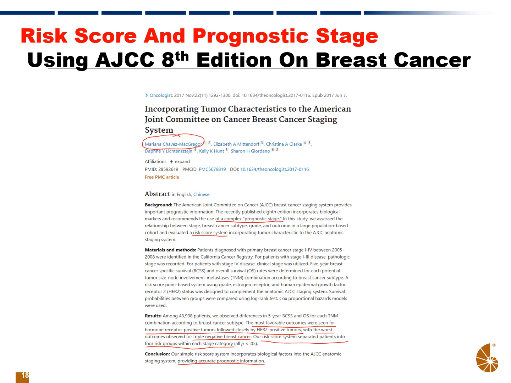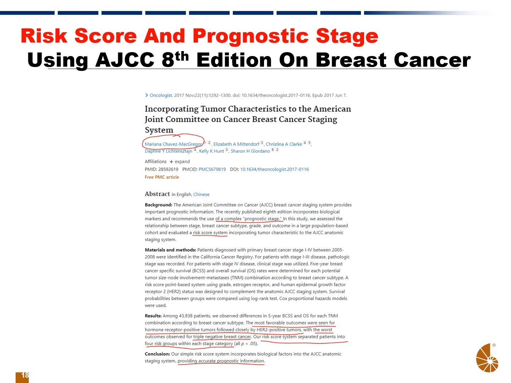So let's summarize now this risk score business. We spent a lot of time in the weeds here trying to establish why we are doing this. The new cancer staging using the AJCC 8th edition included a lot of parameters to assess the risk of breast cancer.